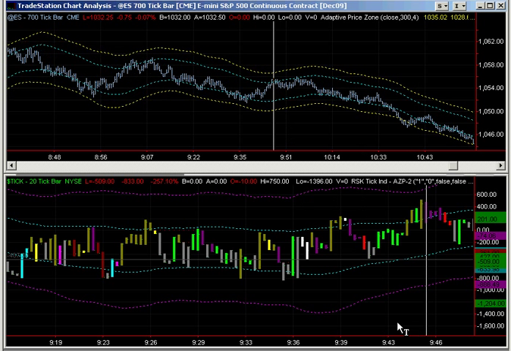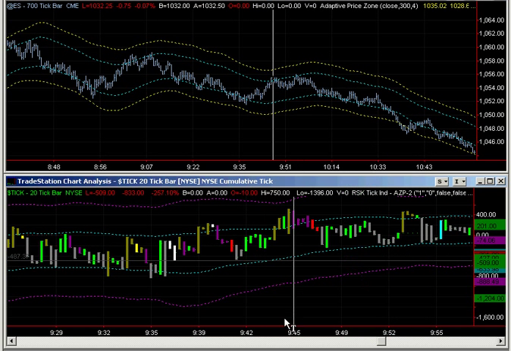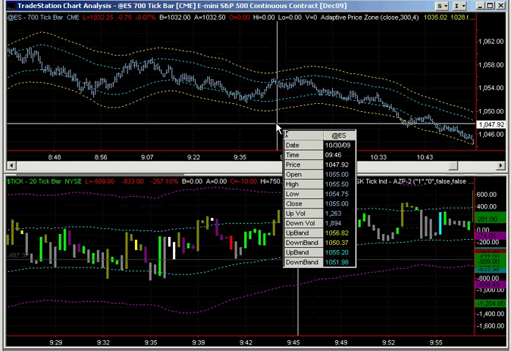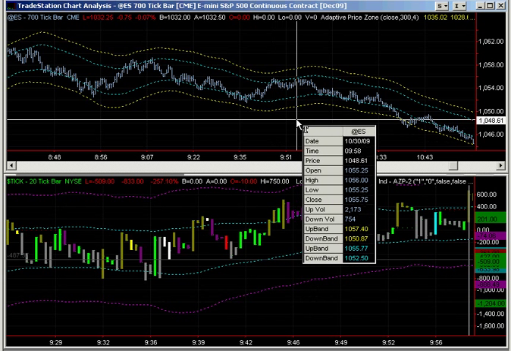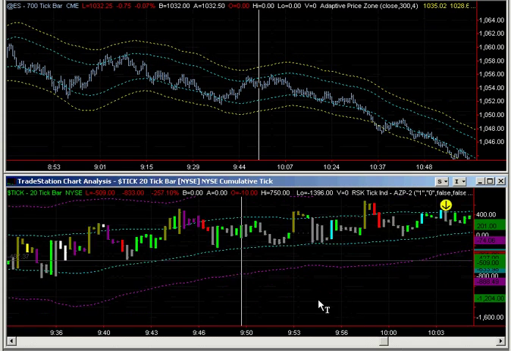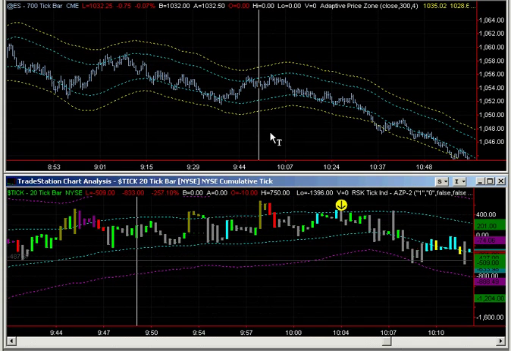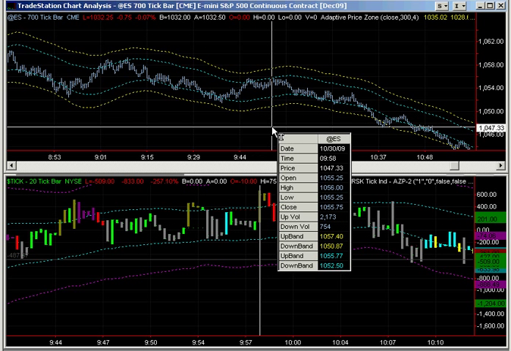This is a potential good time to take a short trade. Now it doesn't pan out quite as well, but watch. Even if you got into a short trade here, you have plenty of time to tighten your stop. Now you come back, right in here, and what do we see?